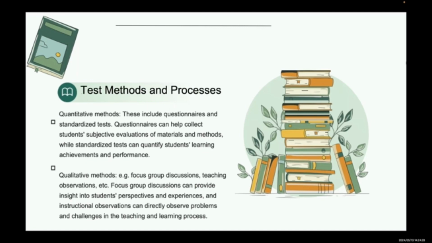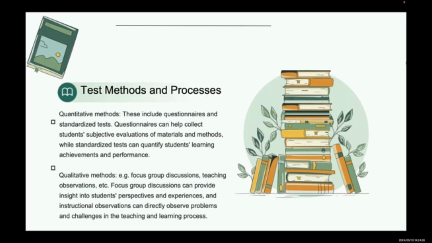Quantitative methods include questionnaires, standardized tests, and so on. Questionnaires can help collect students' subjective evaluation of materials and methods, while standardized tests can quantify students' learning achievements and performance.